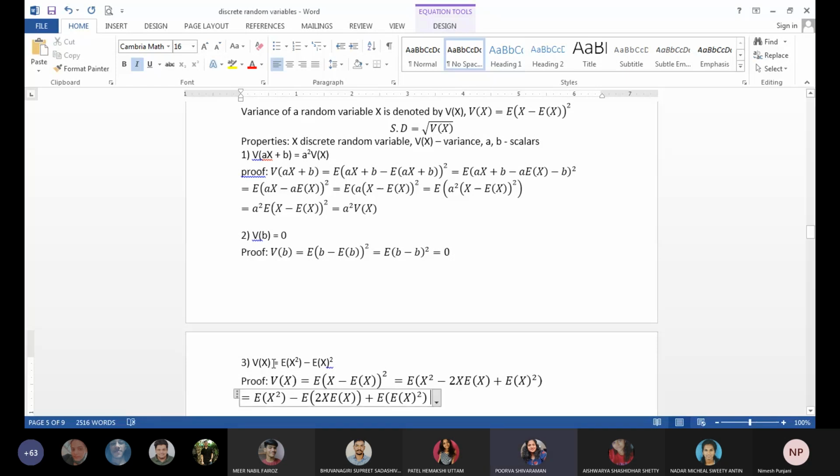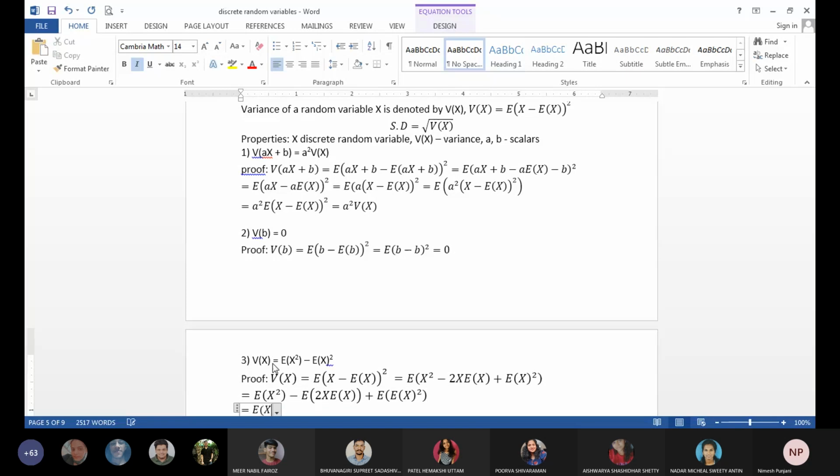Okay, now what we will do is again we will apply the property. तो फर्स्ट टर्म तो मेरा एज इट इज रहेगा, that is expected value of x square.